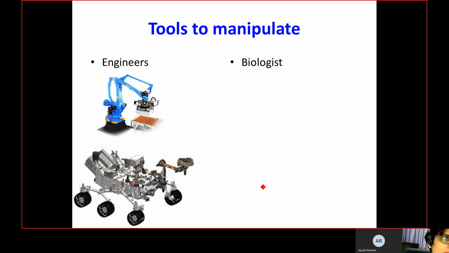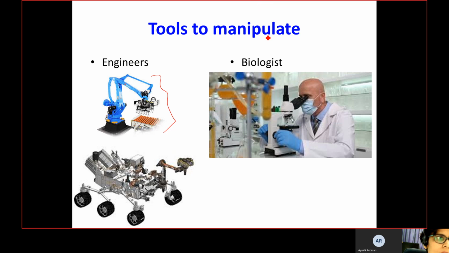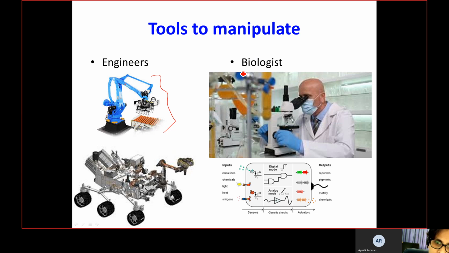Now, to understand more, we need tools. Like engineers have many tools, as shown here, we biologists also need tools to reverse engineer cells and organisms, which would allow us to modify genes and study their functions, thus providing a pathway to understand the genetic circuits that drive life.